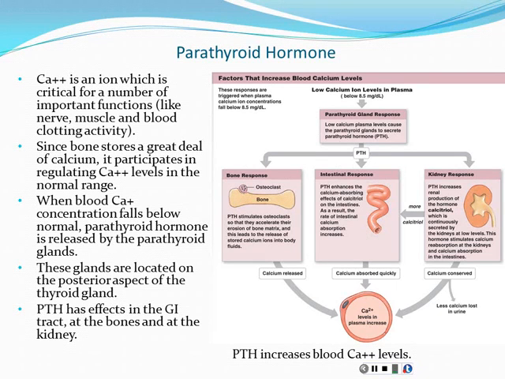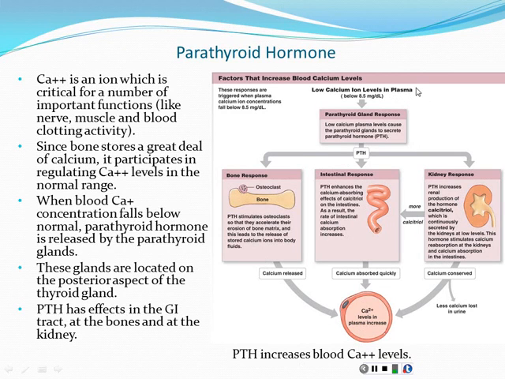So the kidneys start holding on to calcium because it's suddenly become precious because the calcium levels are too low. So we get calcium conservation, calcium absorption, and then calcium release from bone, all of which increase the calcium levels in the blood. So parathyroid hormone increases calcium levels by affecting those three major players in calcium homeostasis.